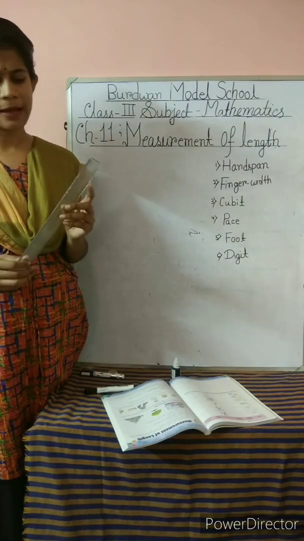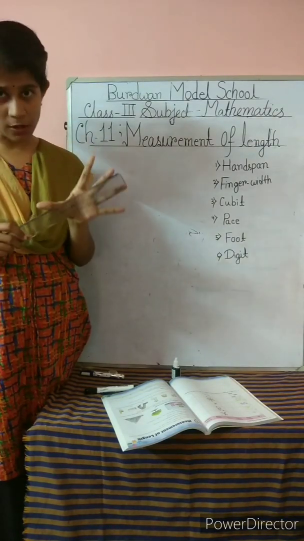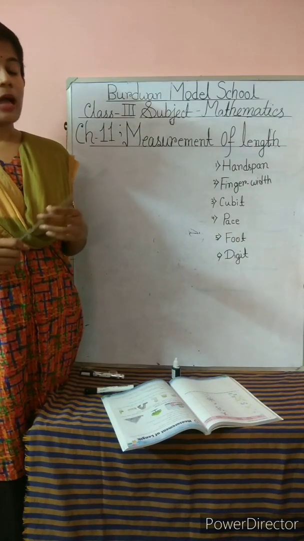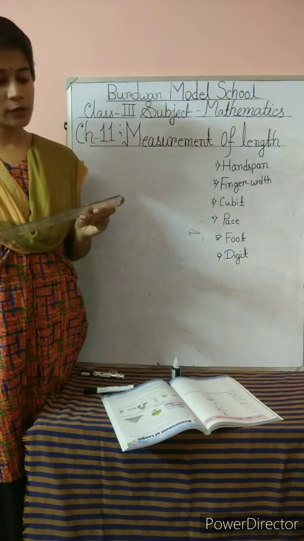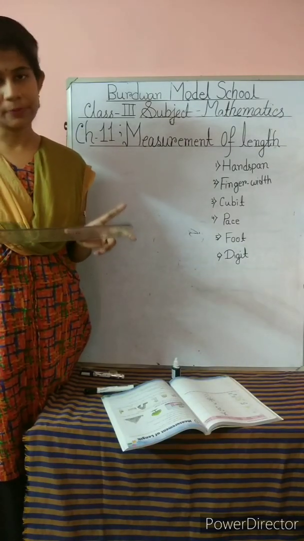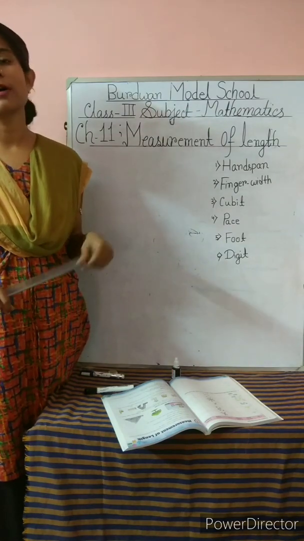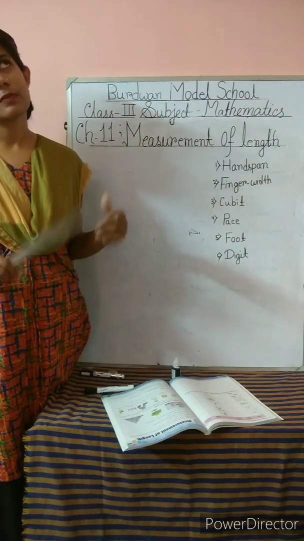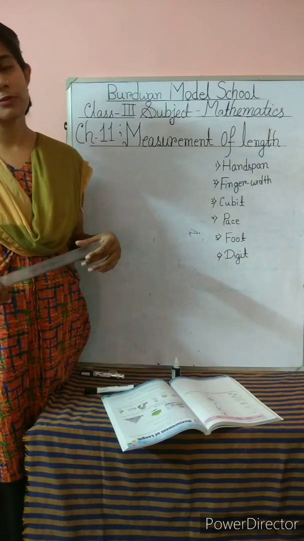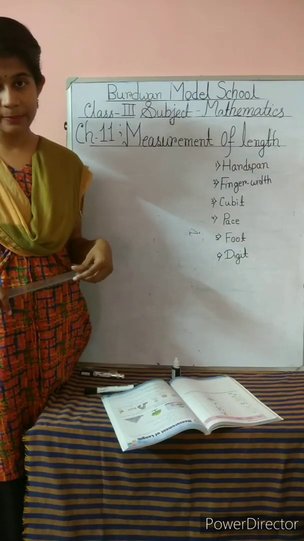All of you have the smaller one, a 0 to 15 centimeter ruler, and this one is the bigger, 0 to 30 centimeter. And for measuring a little bit longer length, we use a measuring tape, isn't it?